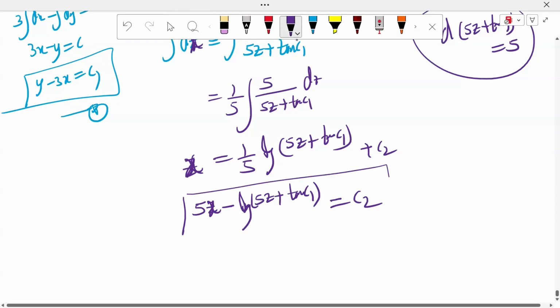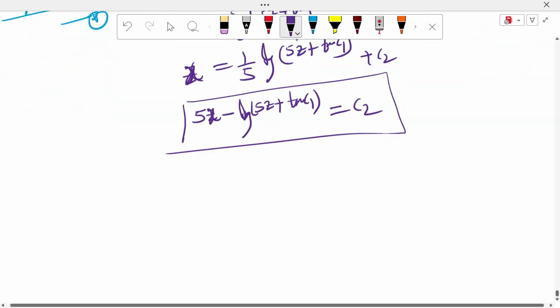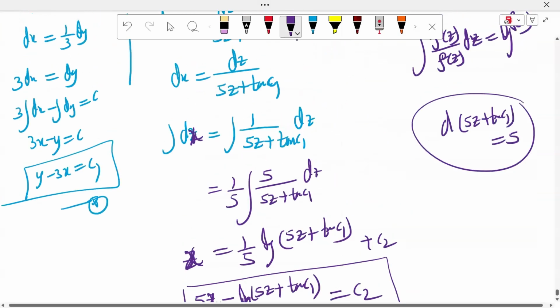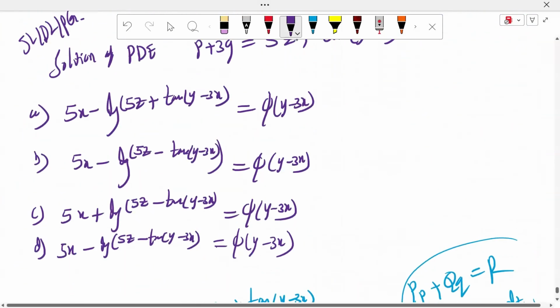What is c1, sir? Substituting c1, 5x minus logarithm of 5z plus tan of y minus 3x is equal to c2, which is the required solution. Where is the option, sir?